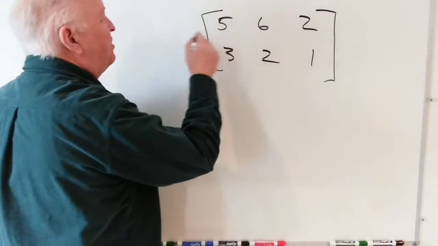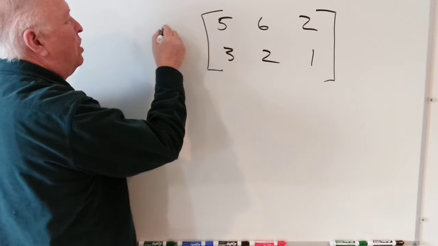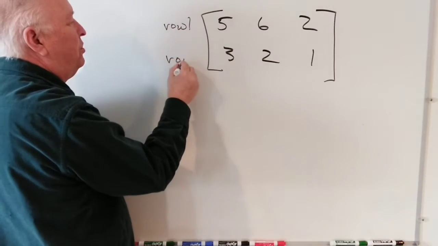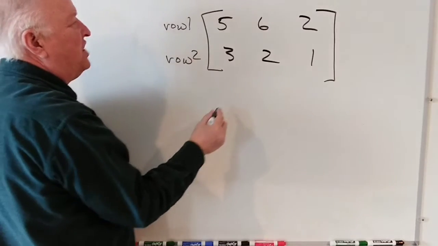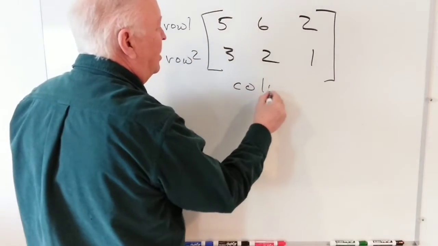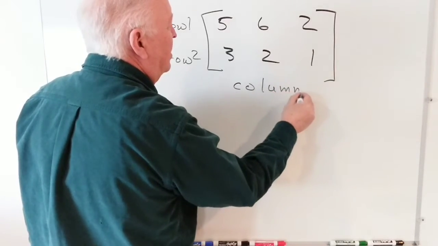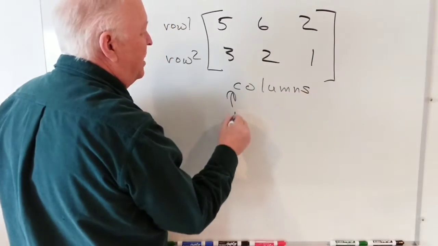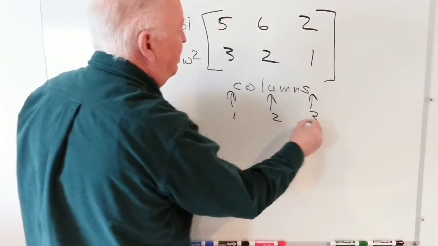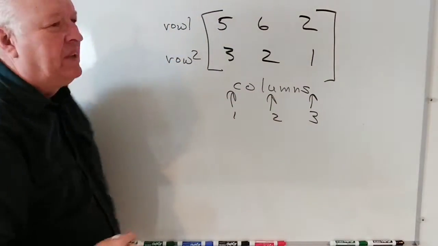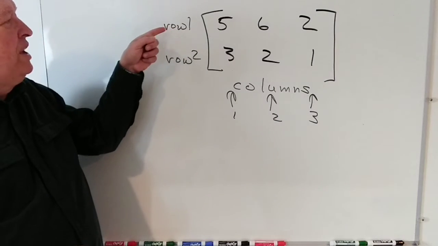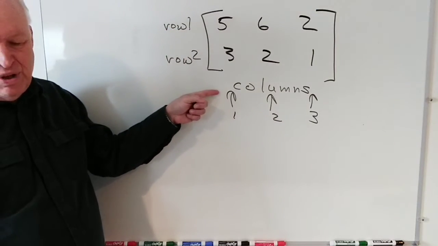This matrix has two rows, row 1 and row 2, and it has three columns. Column 1, column 2, column 3. So here we have a matrix. It's written with rows and columns.